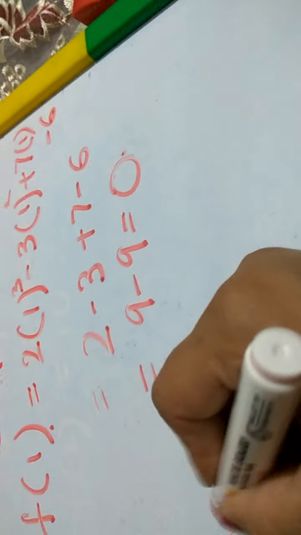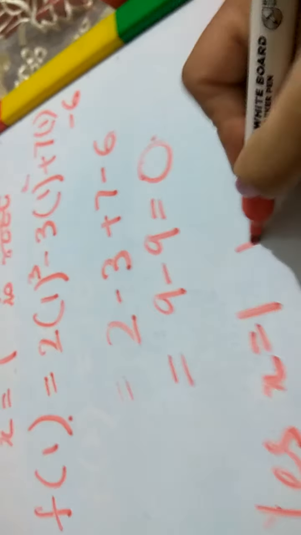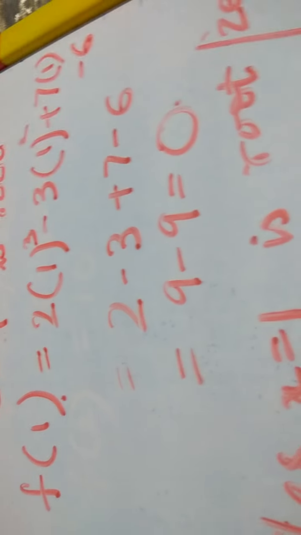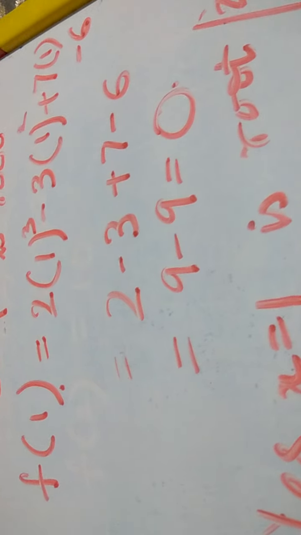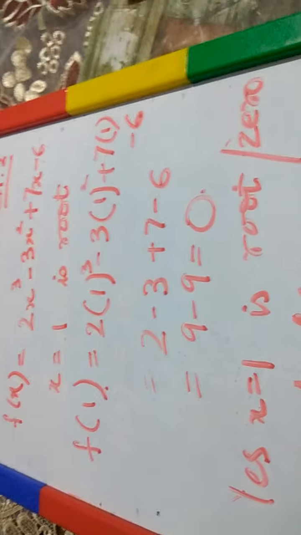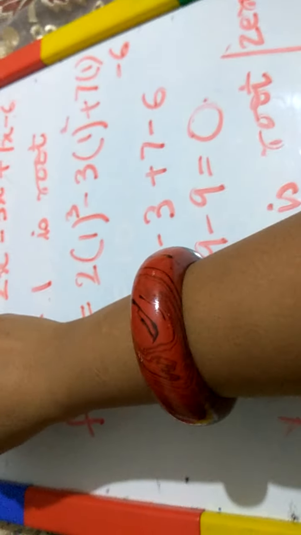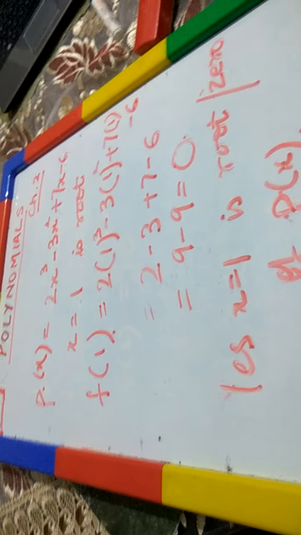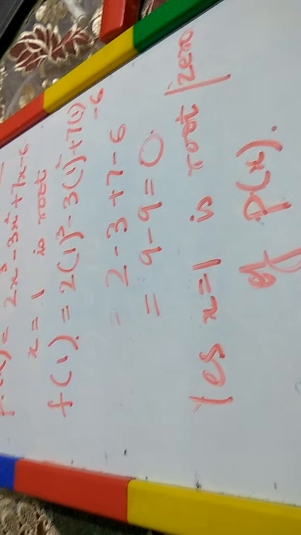Therefore we say yes, x equal to 1 is a root or zero of the polynomial f(x). And we also write our polynomials as p(x), a polynomial which is a function of x. So this is how we find out the zeros, and we also find out whether the given zeros satisfy the polynomial or not. Thank you.